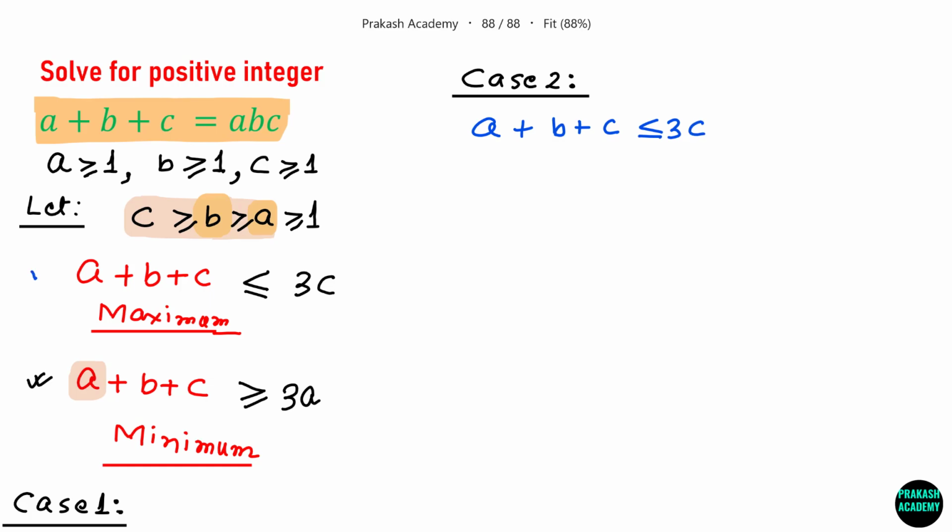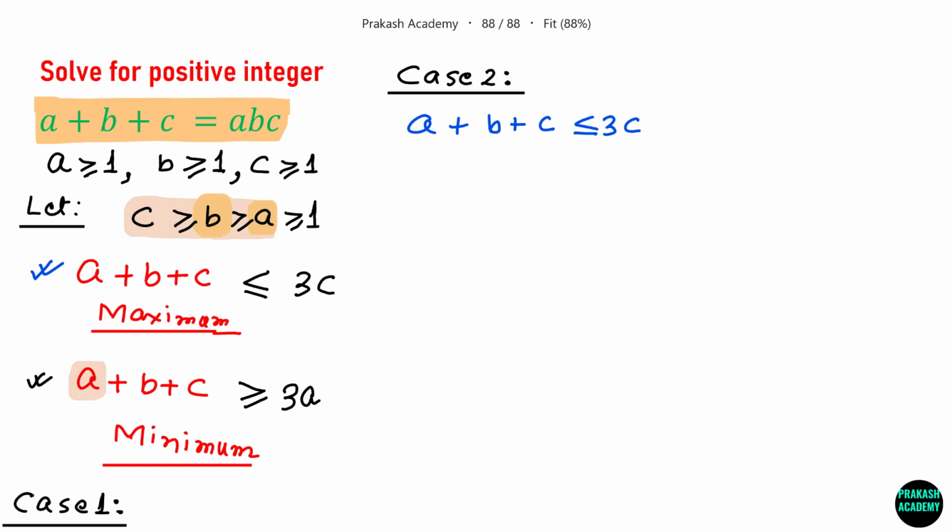Since a plus b plus c equals abc, I can write this as abc is less than or equal to 3c. And c gets cancelled. Then you will have ab is less than or equal to 3.